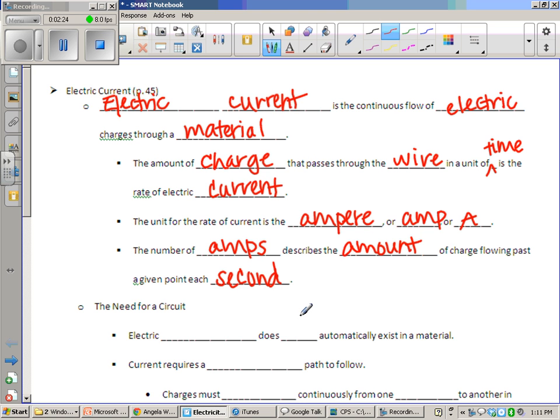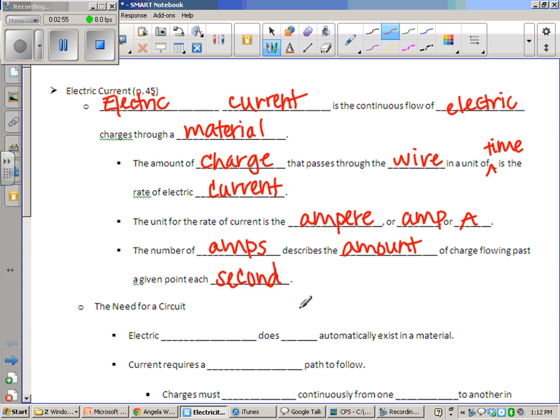So when you see that there's a person standing there checking how many tomatoes go past that certain point per second, that's exactly what your ampere is. It's how many of those tomatoes are going past that particular point every second. So in this case, with your electric circuit and your electric charges, it's how many electrons are going to be flowing past that point every second.